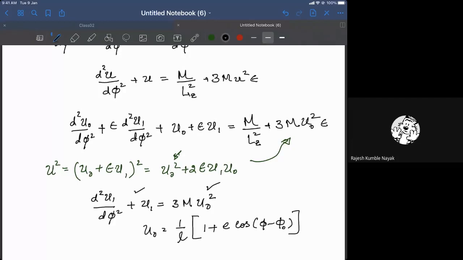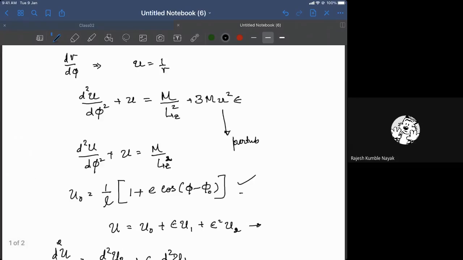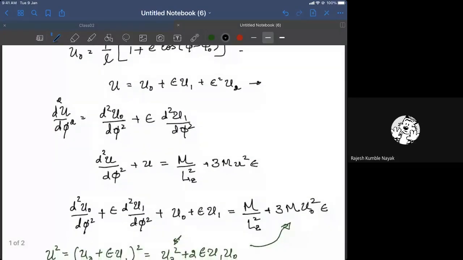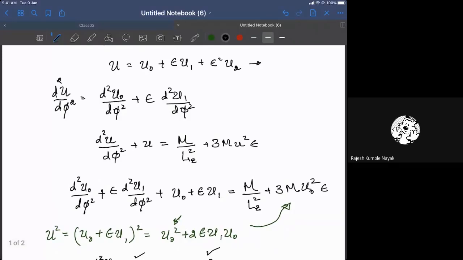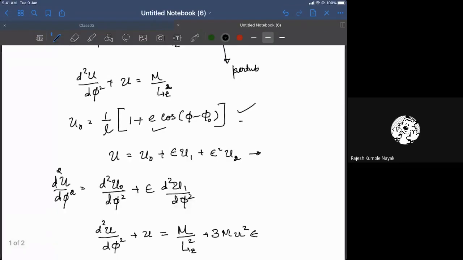I'm not giving it because when you solve this equation, you find out that it is a bit cumbersome. It is first order in epsilon, but it has various orders in e, and you will have three or four terms coming together.